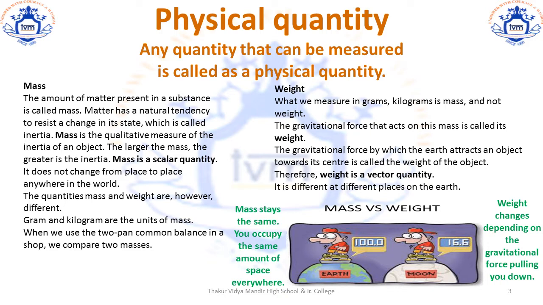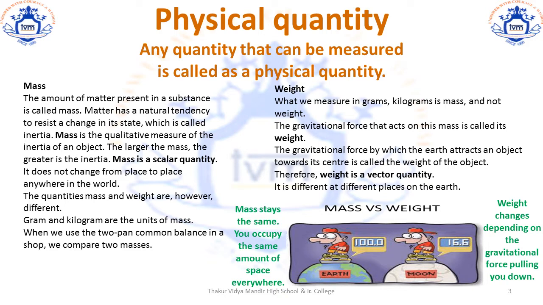So the weight of the person is 16.6 kgs on moon. But the mass, the space that the boy will occupy on earth and on moon, will be the same. This is how you can easily differentiate between mass and weight. Just imagine weight is an anchor that is weighing you down, pulling you down, okay?